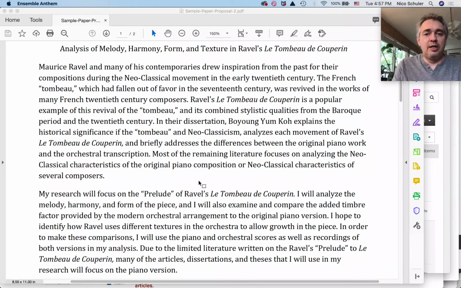Chapter 2, existing literature on Ravel's Le Tombeau de Couperin. Chapter 3, an analysis of the piece, and there could be subchapters on the piano version, on the orchestra version, and specifically focusing on melody and harmony and form and texture.